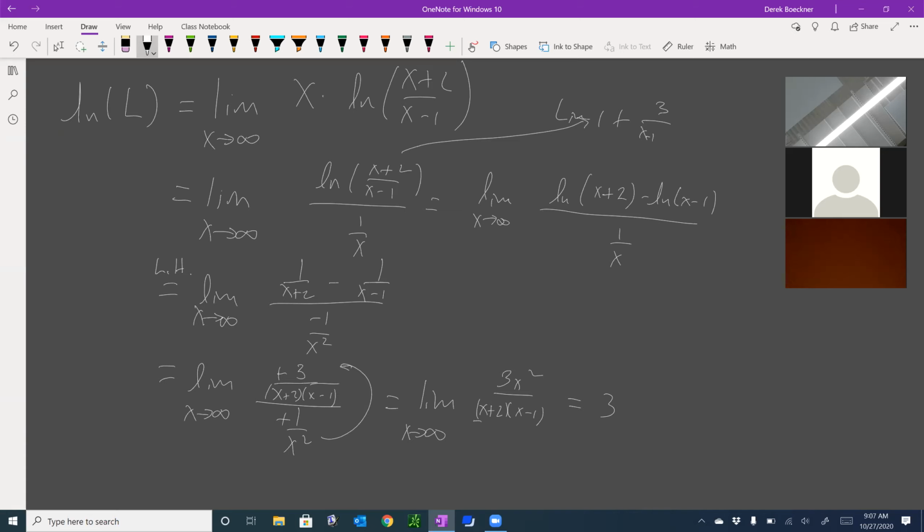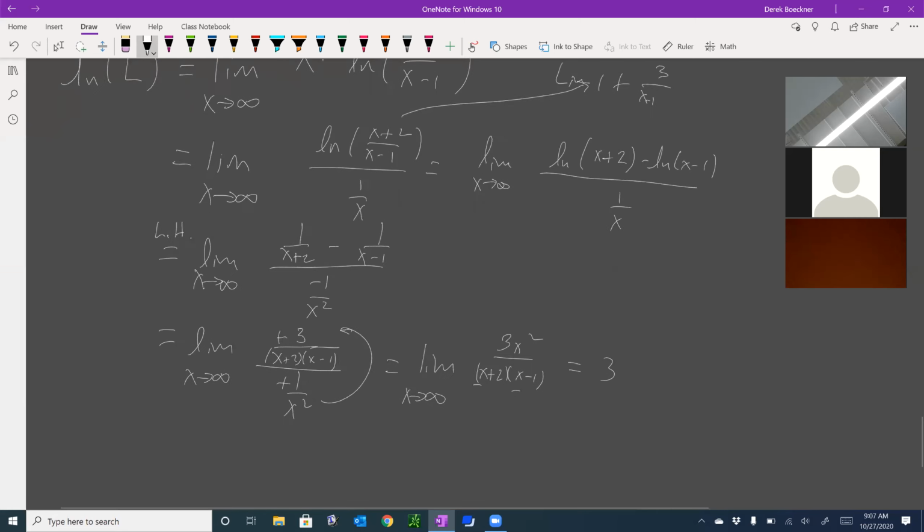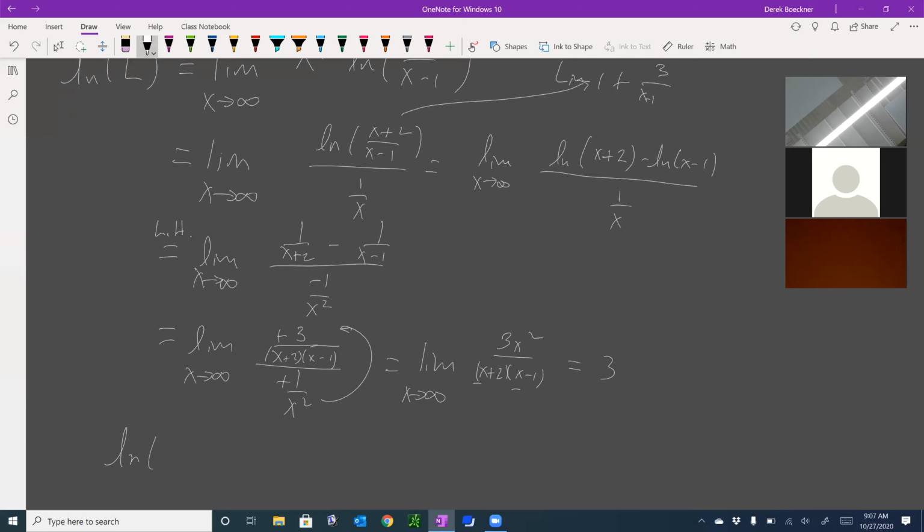The leading coefficient down here is going to be x squared. The leading coefficient up there is 3x squared, so that's going to go to 3. And so I know that the natural log of L equals 3, which tells me L equals e cubed. Where do we have questions on that one?